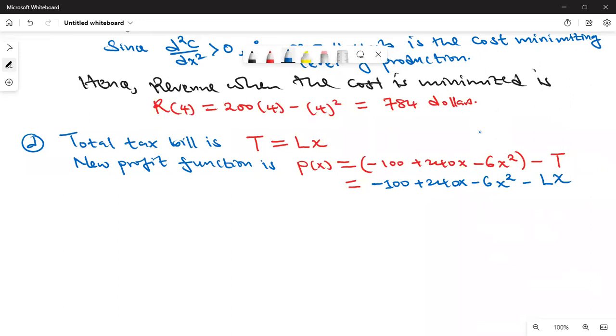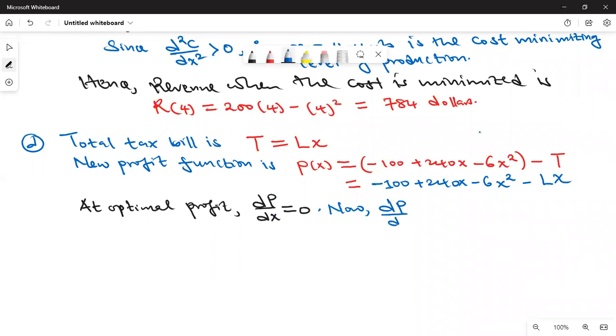At optimal profit, what we know is that dP/dx must be equal to 0. So let's get dP/dx. So we can say now dP/dx is equal to 240 minus 12x minus L.